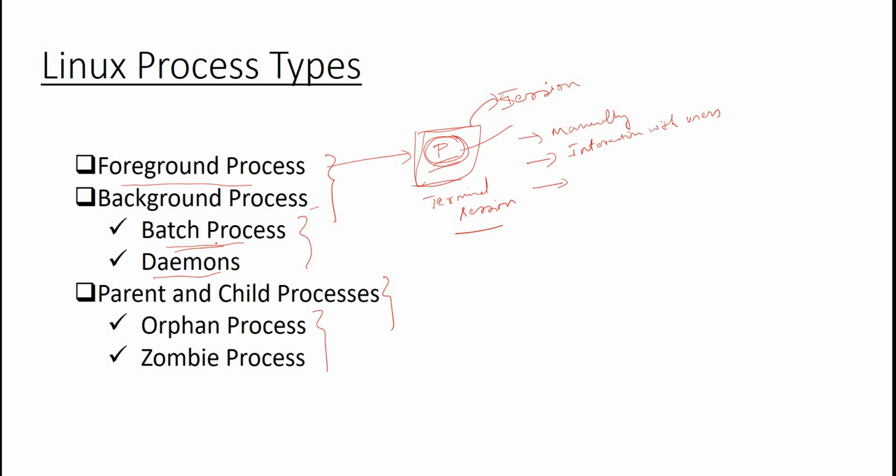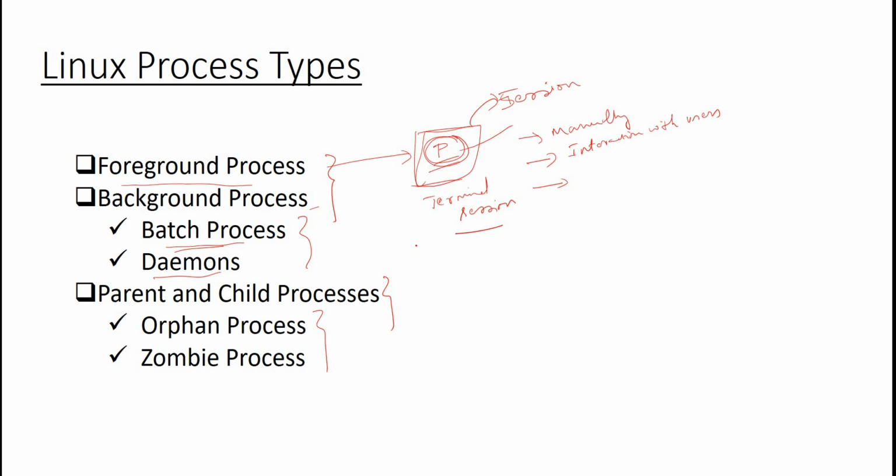So let's see that now. Generally, these batch processes are used for different applications like loading data into data warehouse tables from different sources. This is one example. Generally these batch processes will be scheduled at non-business hours to reduce the load on the machines where these processes will be created and executed.